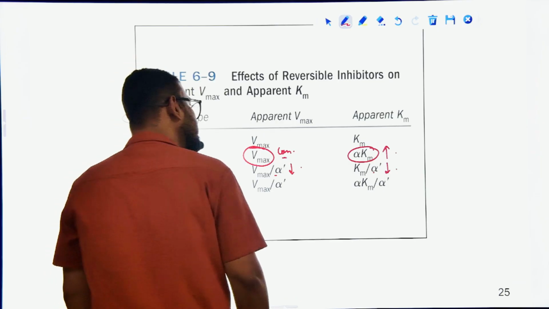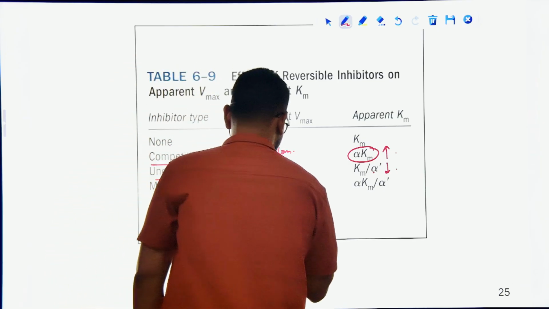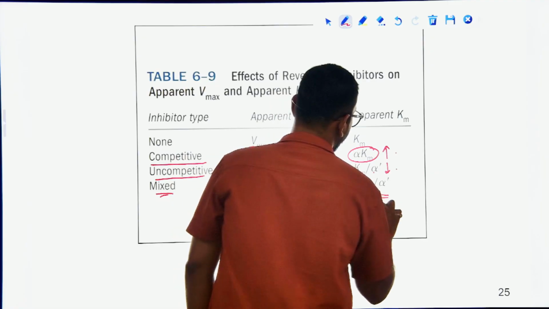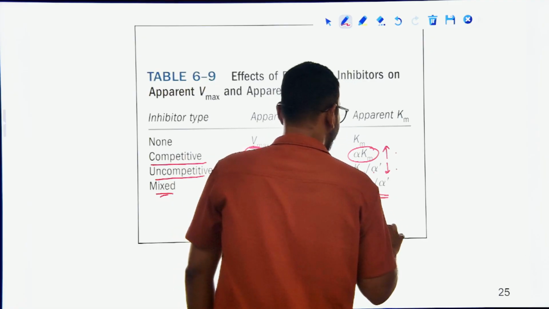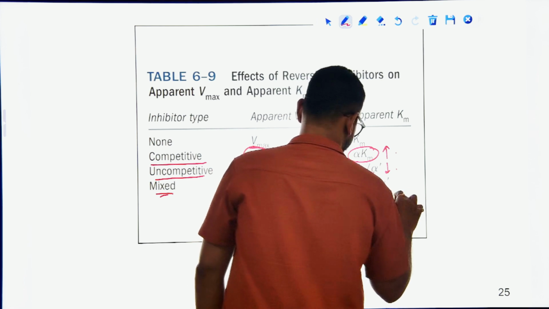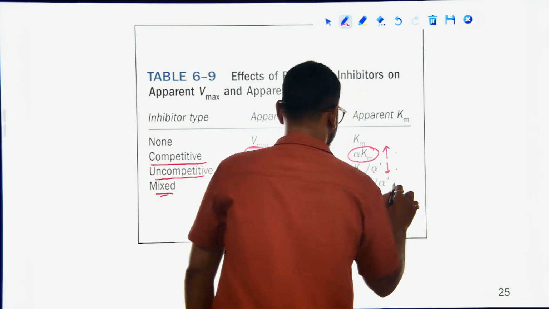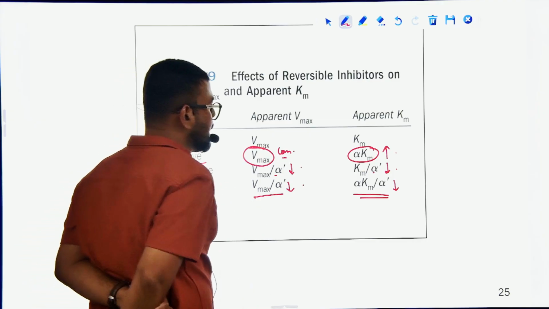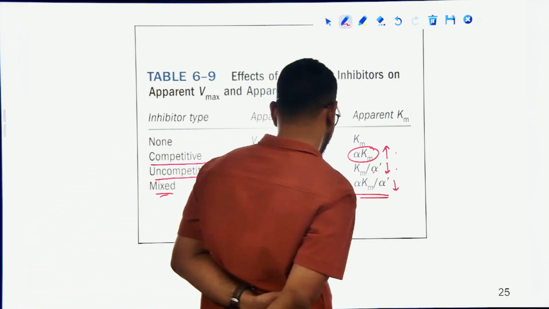When it comes to mixed, Vmax is decreasing by a factor of alpha, whereas Km, I cannot state it is decreasing actually.